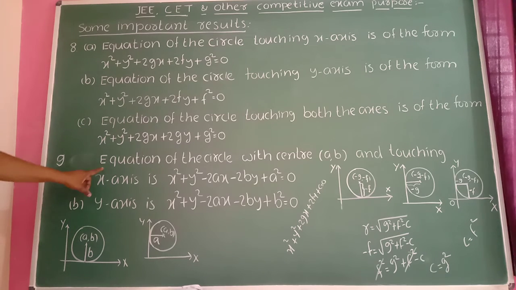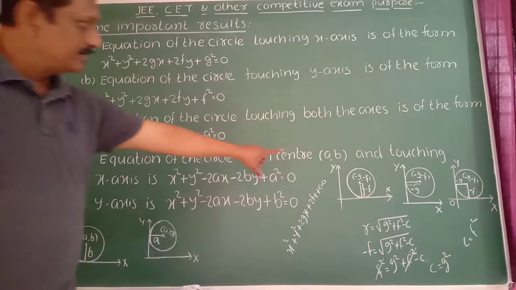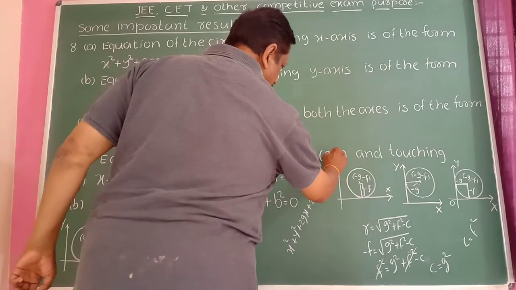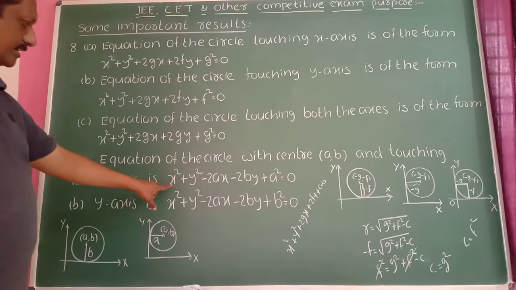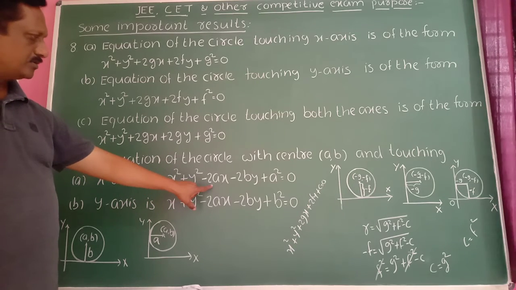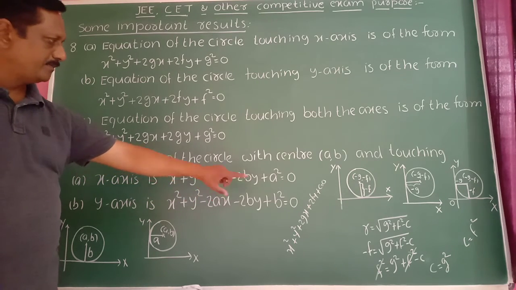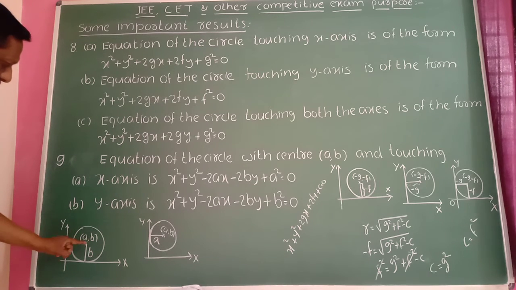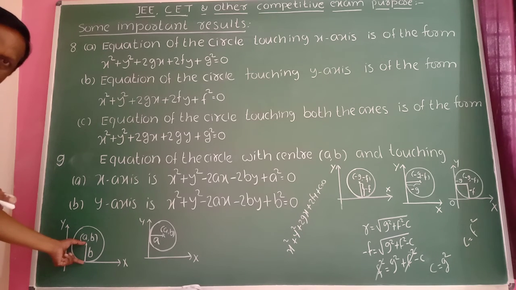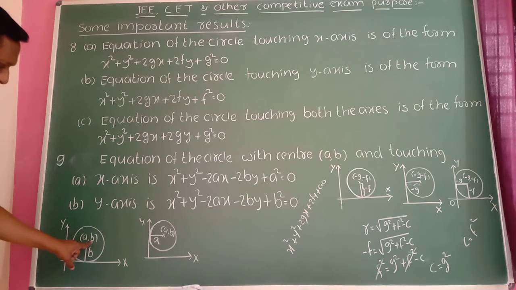Next, the equation of the circle with the center a comma b and touching the x-axis is x square plus y square minus 2ax minus 2by plus a square equal to 0. So again this is a circle, center is a, b, then again this is the radius here. Vertical distance is the radius. Vertical distance is the y coordinate here.